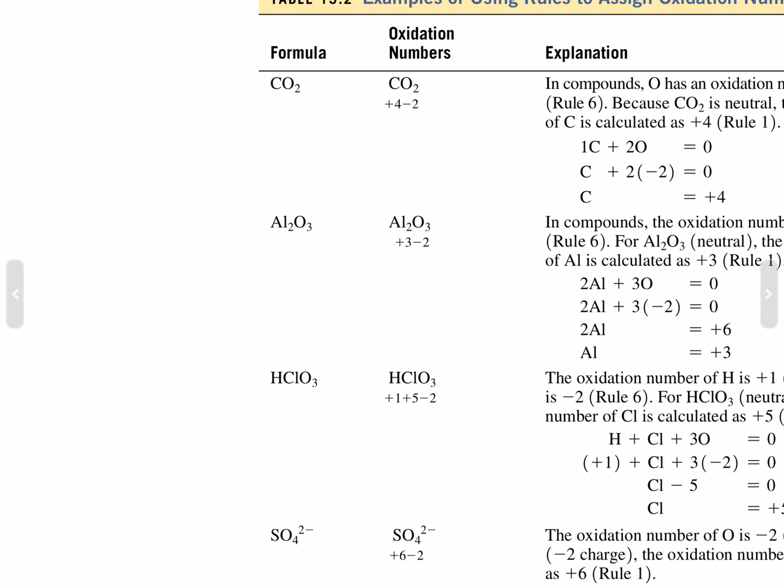For the aluminum oxide, the oxygen is negative 2, so there are 3 negative 2s, that's negative 6. And there are 2 aluminums, so the 2 aluminums add up to positive 6, so it must be positive 3 each.